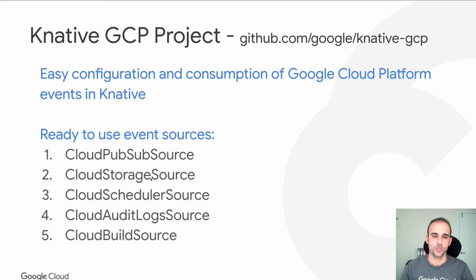There's Google Cloud Storage source to read Google Cloud Storage events into your cluster. There's scheduler source to create Google Cloud schedules that run on a certain schedule and call certain services. So these are very useful. Basically, if you're in Google Cloud and you want to read Google Cloud sources, you can install them and then they let you read these events in an easier way. And that's what I'm going to use in the demo that I'm going to show you.